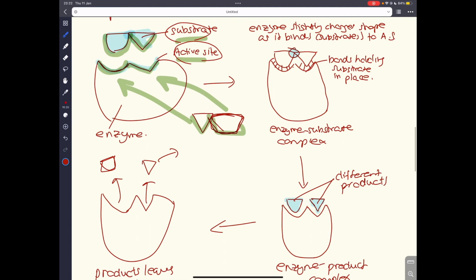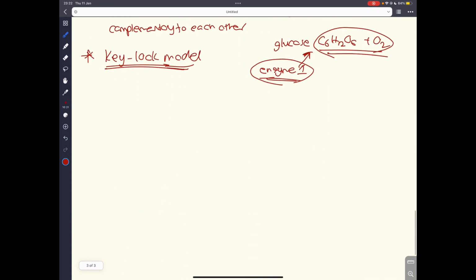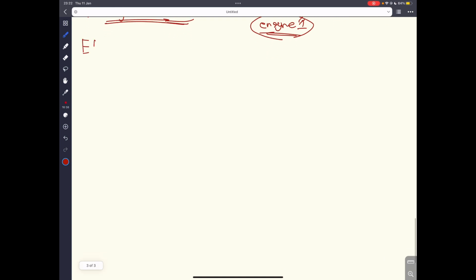This is called the induced fit model. For your syllabus you don't have to know about this, but it's good to know for additional information. So now we have to look at the effect of enzyme activity. There are many different factors which affect enzyme activity, and one of them is temperature.